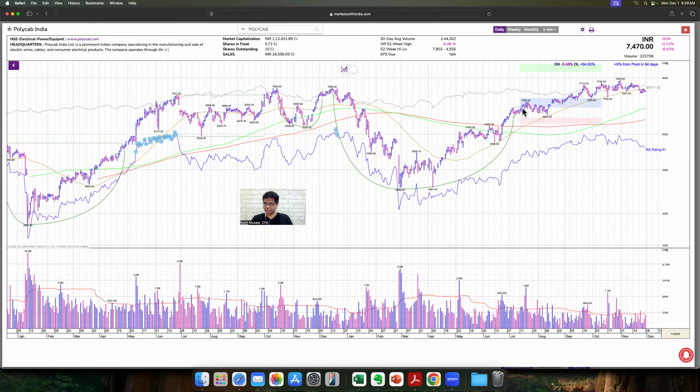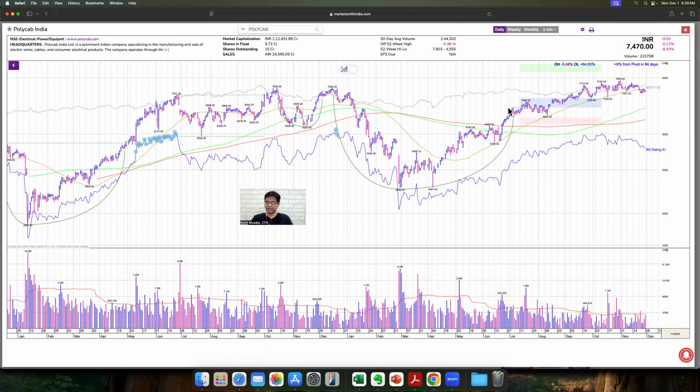If you go back, this is July 2025, and this is July 2024. So somewhere here or somewhere here is that 52-week high. The price is not at an all-time high here. The handle or the pivot is always going to be inside the base in a cup with handle.